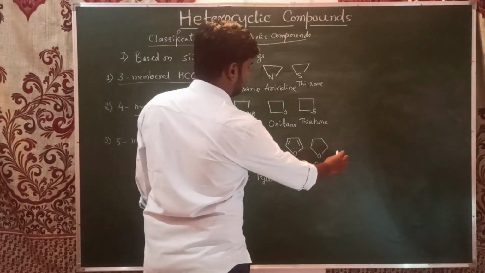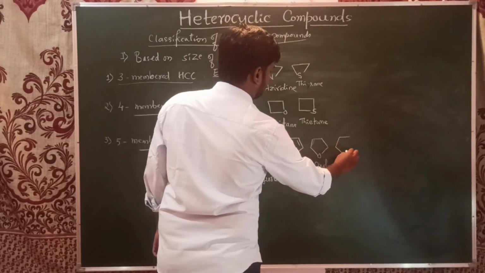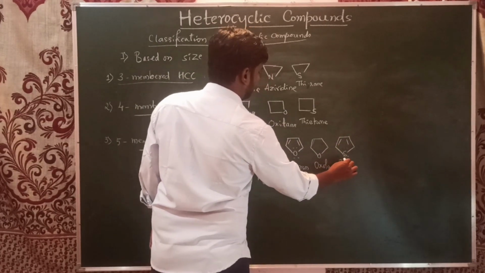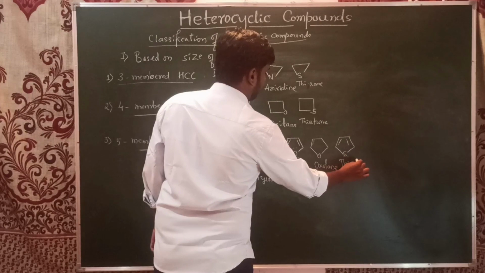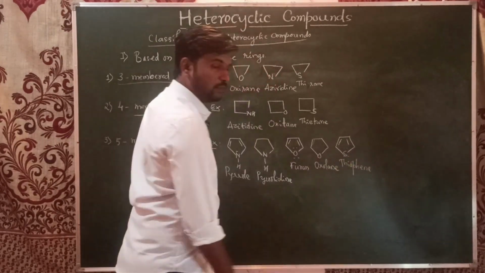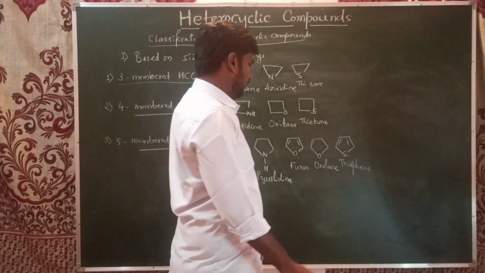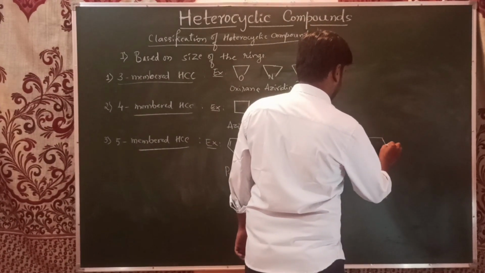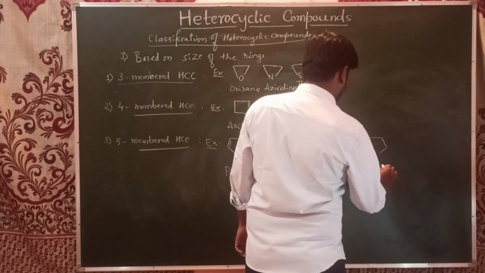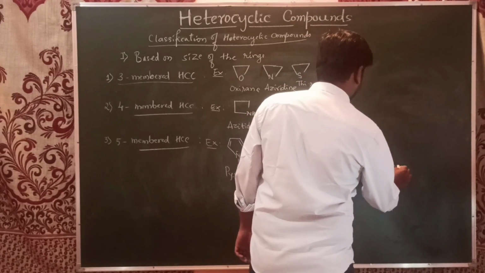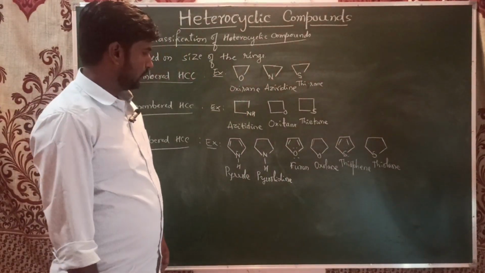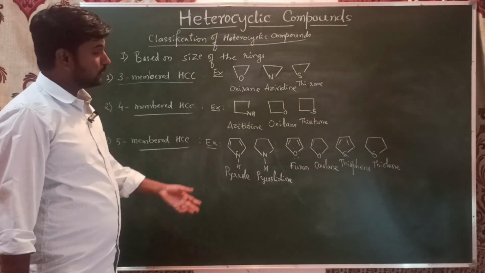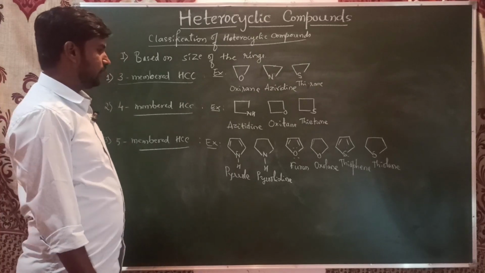For sulfur, this one is known as thiophene, and its aliphatic version is thiolane. Most of these aromatic heterocyclic compounds are very important because they are more stable, so we'll study them in further detail.